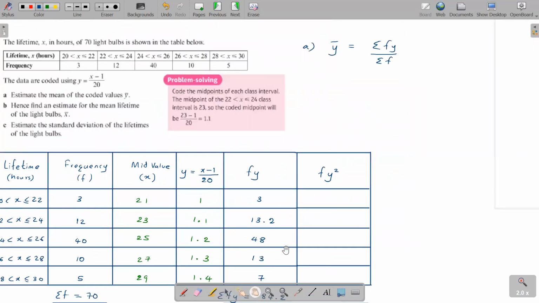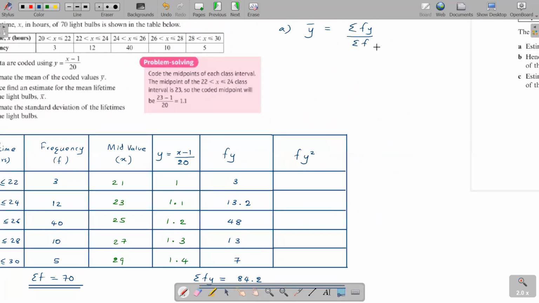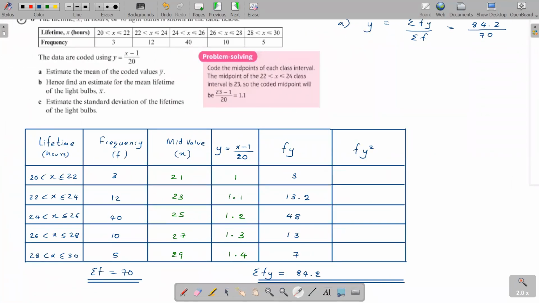All right, so let's get sigma Fy over sigma f. Sigma Fy is 84.2 over sigma f, which is 70. Total frequency is 70.